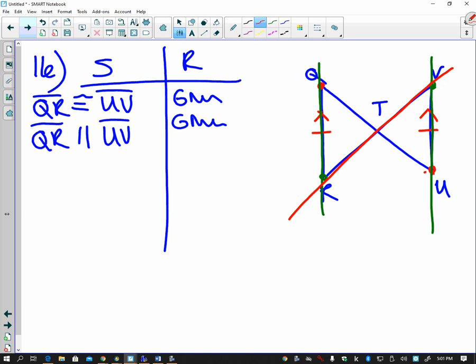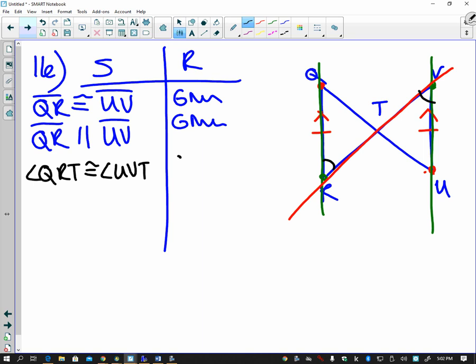So that means that this angle is congruent to that angle, because angle QRT is going to be congruent to angle UVT.